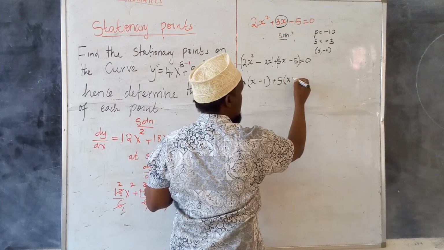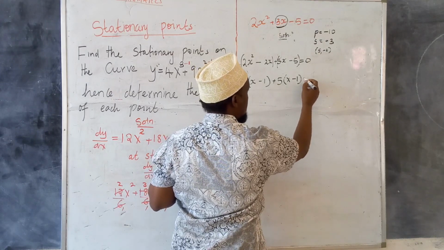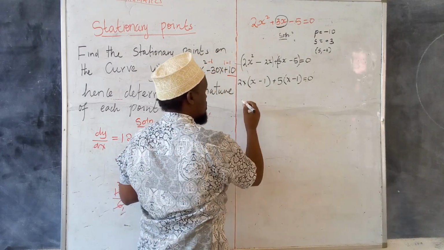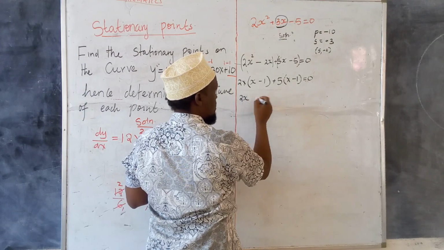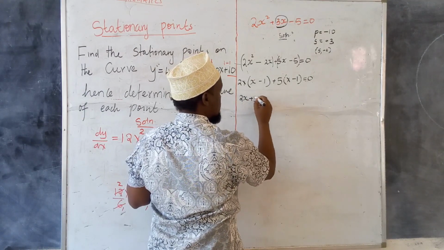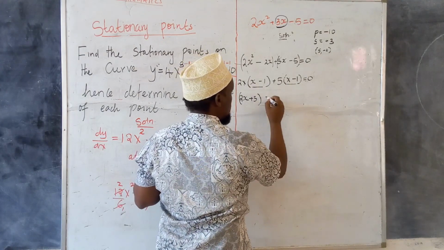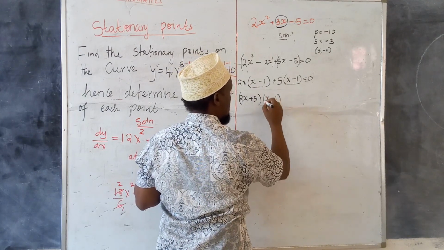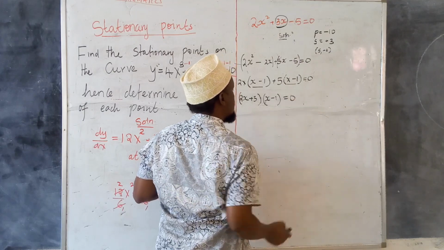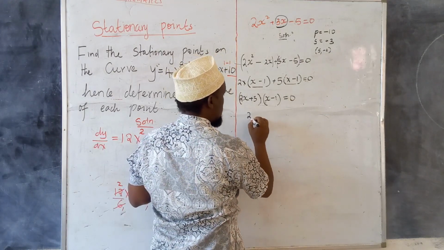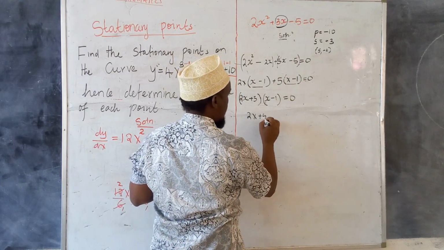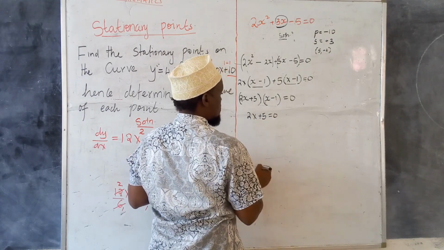Minus 5 divided by 5, we have negative 1. Equals 0. So here now we have 2x plus 5. Since these two brackets are the same, we just pick one, which is x minus 1, equals 0. So this now becomes 2x plus 5 equals 0.